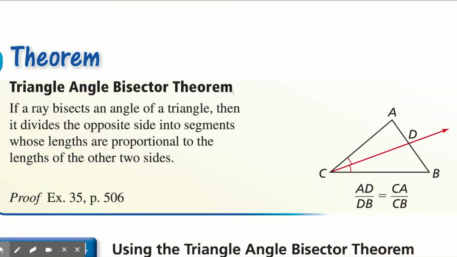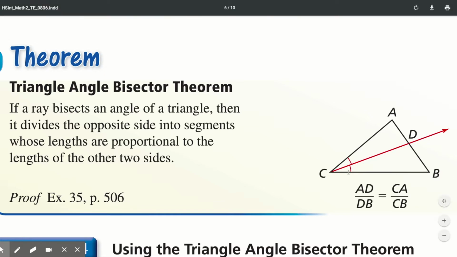This is the triangle angle bisector theorem. It pretty much states that if a ray bisects an angle of a triangle, so this ray CD bisects an angle, that means this angle right here, ACD, is equal to DCB, this angle right here.